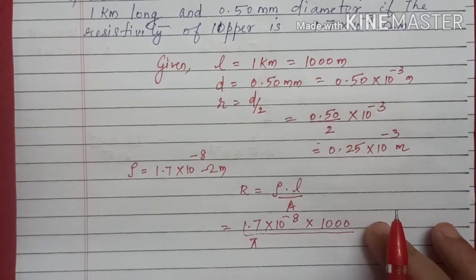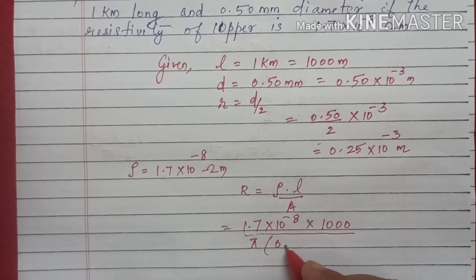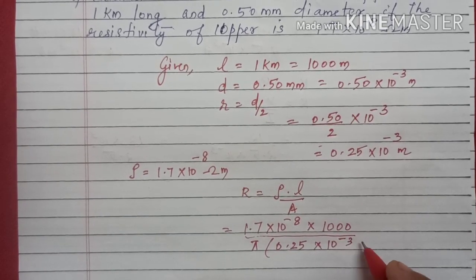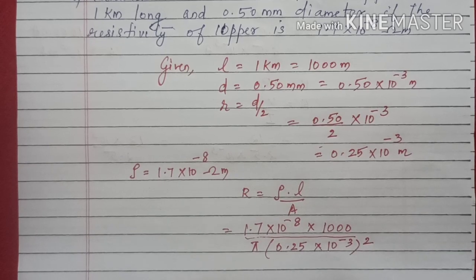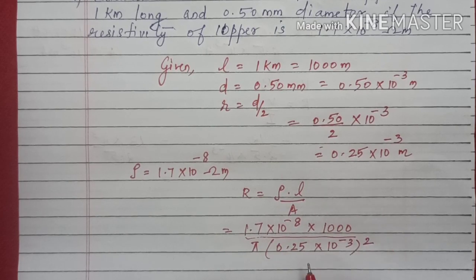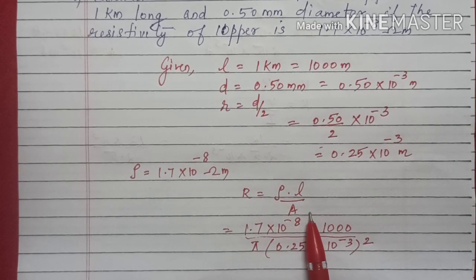What is r here? R is 0.25 into 10 raised to minus 3 the whole square. Understand? So 1.7 into 10 power minus 8 into 1000 by pi into 0.25 into 10 power minus 3 the whole square. Just we substituted the values in this equation.